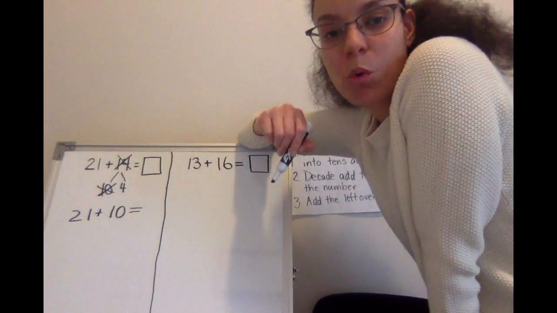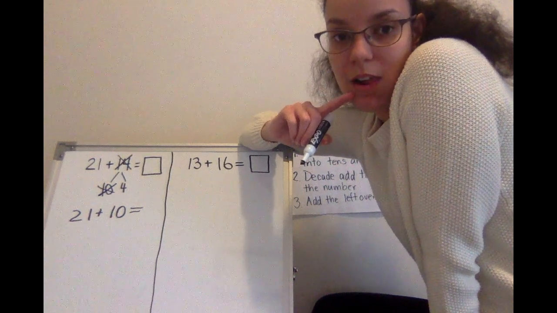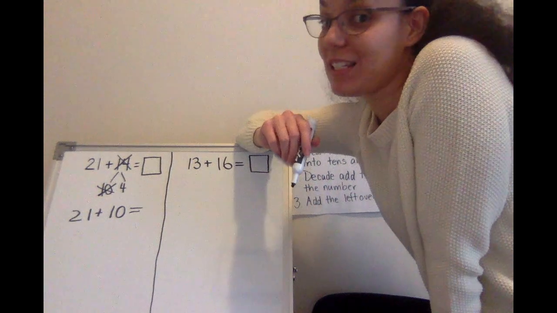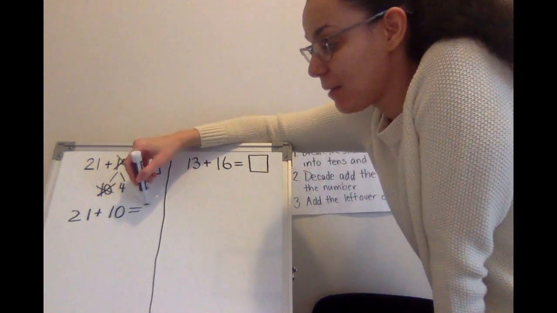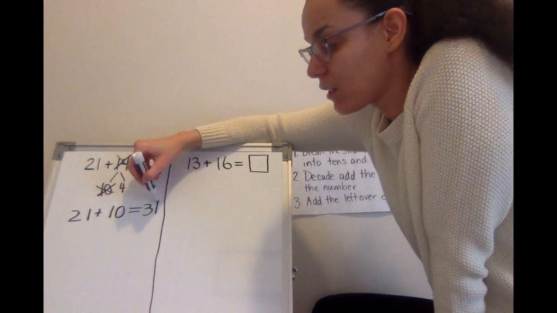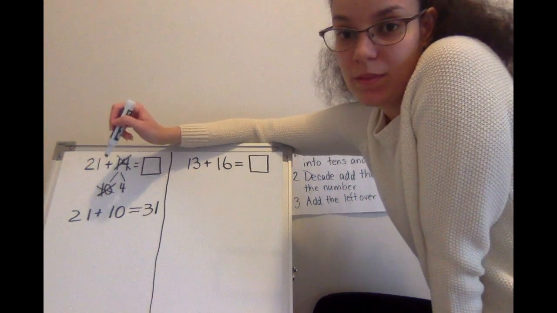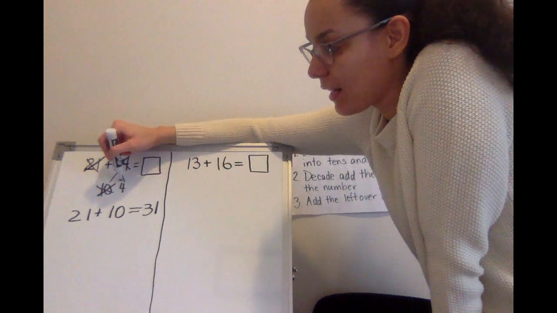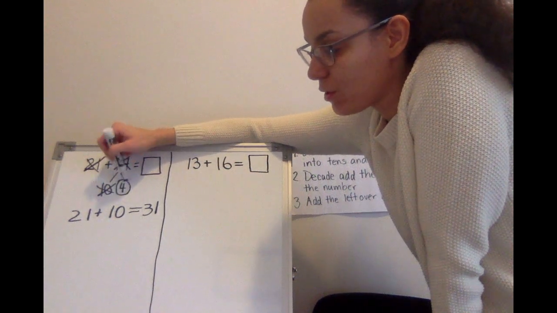What is 10 more than 21? Shout out to the people who didn't need to count on their fingers. Yes, 10 more than 21 is 31. We used the 21, so we can cross that out. The only number left to use is 4.